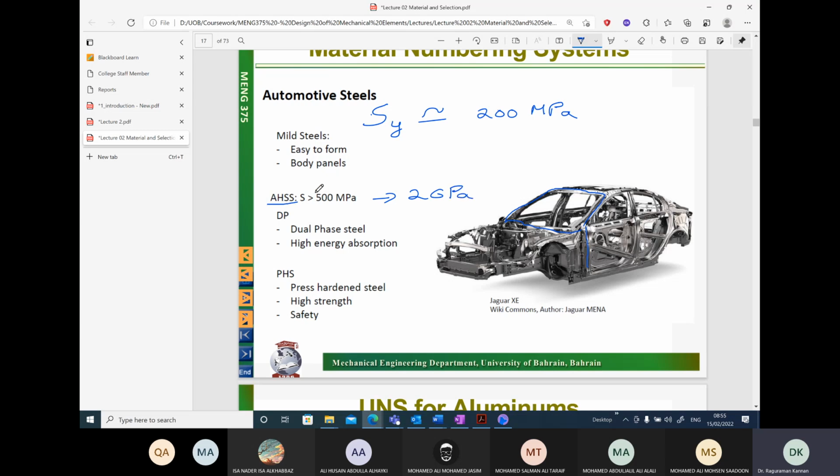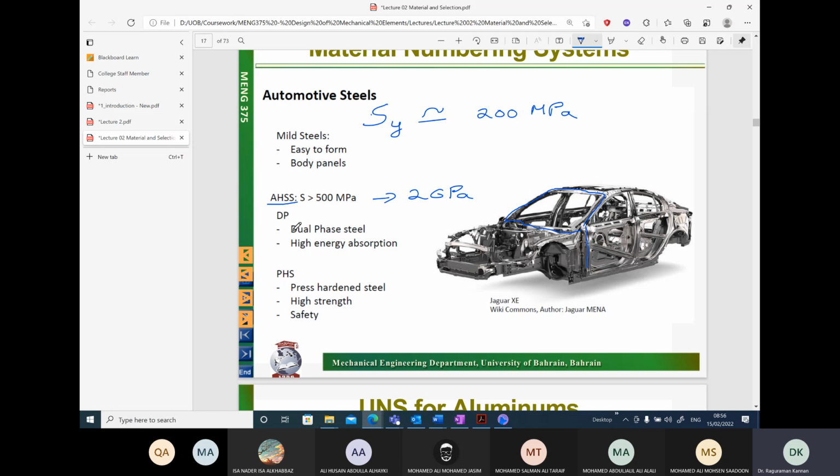The yield strength can even go up to a range of 2 gigapascals. So this is very high strength steel. Some examples are dual phase steels and press hardened steel. There are also multiple phase steels, and you can do a Google search. When you do, it will give you the different types of advanced high strength steel.